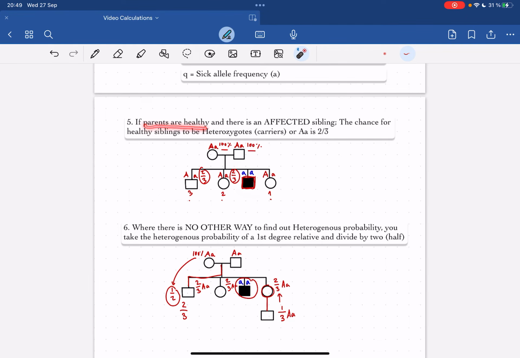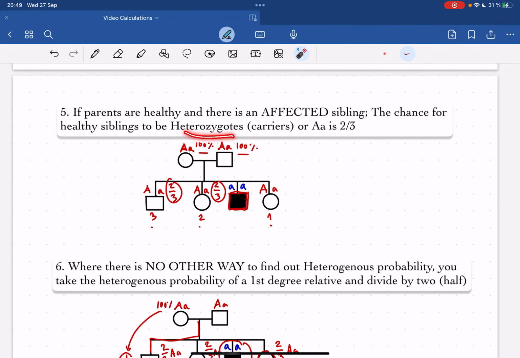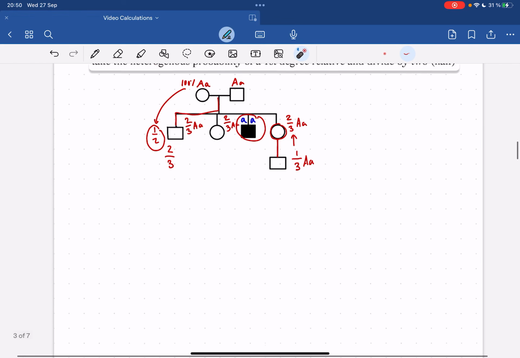Parents are healthy and there is an affected sibling, the chance for a healthy sibling to be a heterozygote carrier is 2 out of 3. 2 out of 3 chance. If you're a sibling and you have an affected sibling and both parents are unaffected, then the probability for you to be heterozygous adds up to 2/3 instead of 1/2.